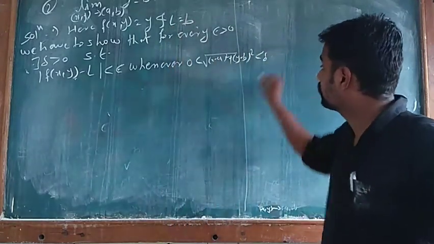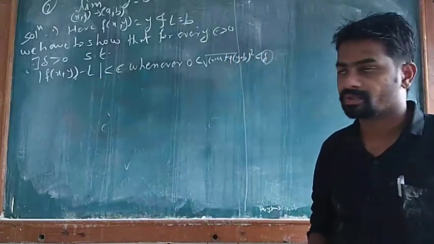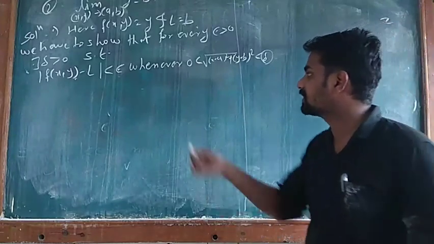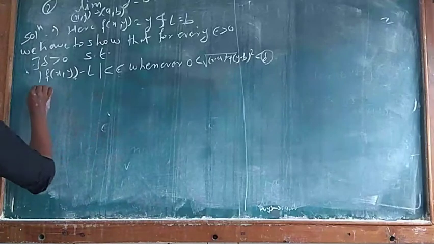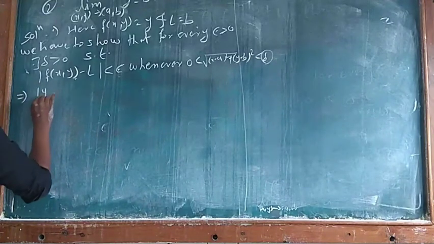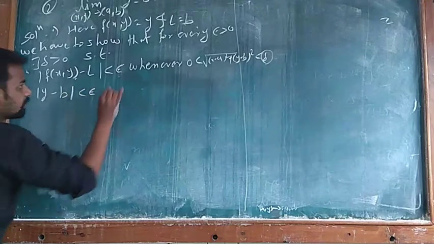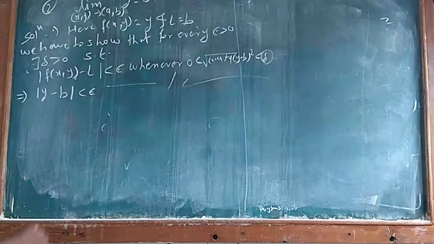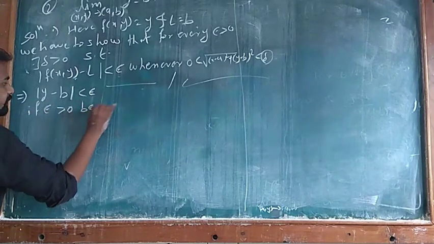That is, we have to find only this delta, which depends on this epsilon. Here f(x, y) is y, so this implies |y − b| is less than epsilon whenever this is satisfied. Okay. That is, if epsilon greater than 0 be given.